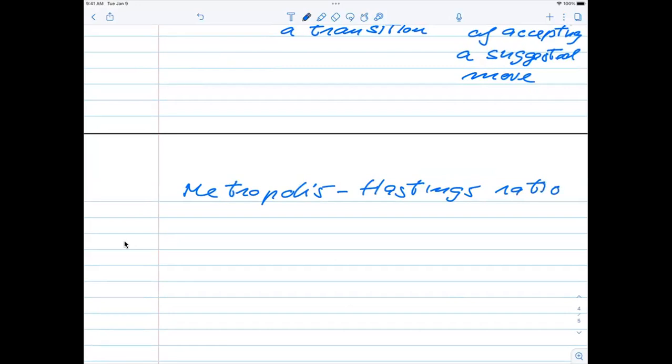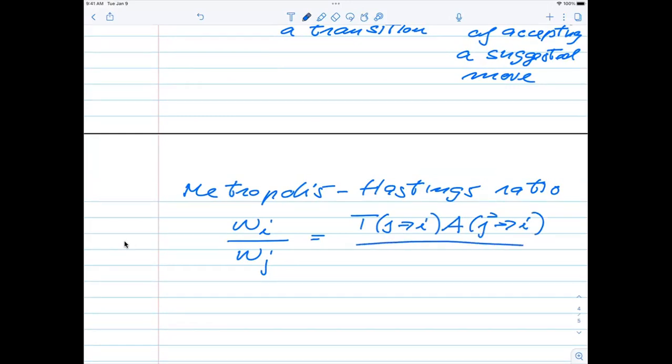This is given by the probability of being in a state I, and now I'm dropping time, so I'm just looking at the probabilities of being in a specific state. This is given by the probability of making this transition from J to I, multiplied with the acceptance of J to I, divided by T of I to J, and then the acceptance probability of I to J.